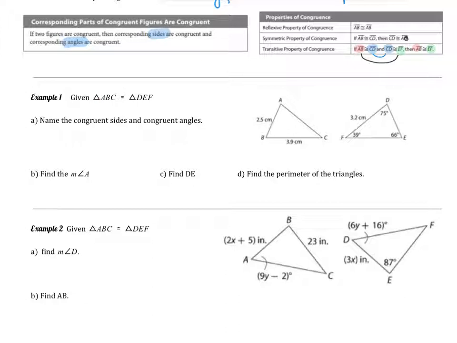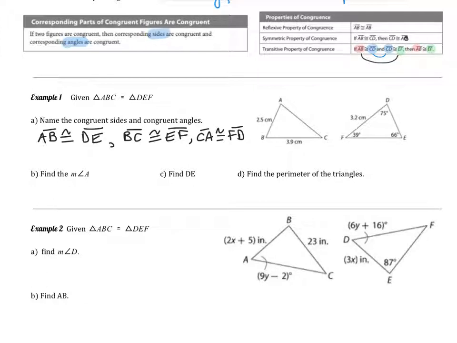If AB comes first in my first triangle, I can say that it is congruent to DE, which would be the first two letters of our second triangle. If I say BC, again, look at the relative position. It's second and third. It must be congruent to EF. And last, if I say CA, it must be congruent to FD. So that is using the CPCFC.